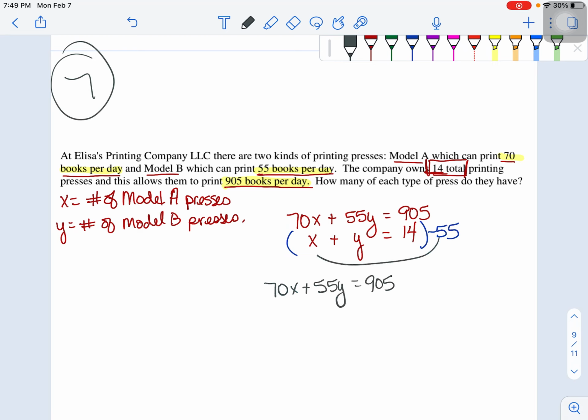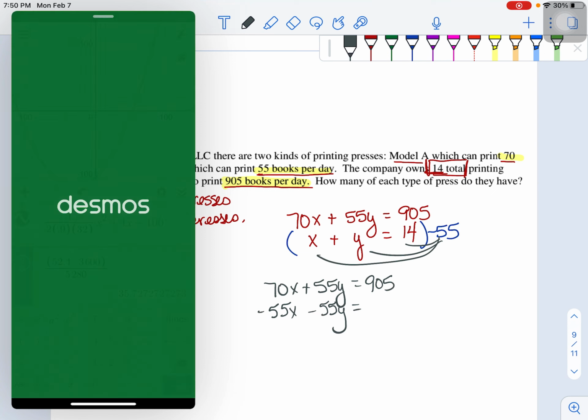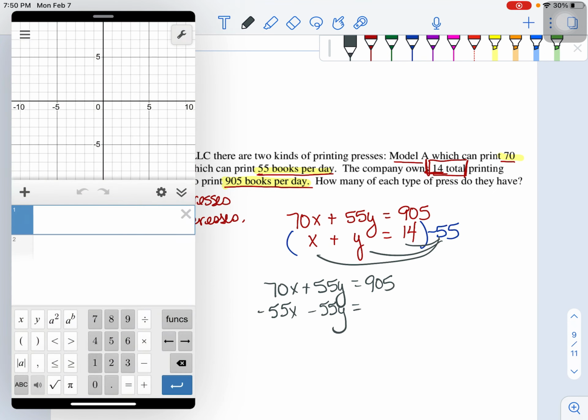And now the bottom line, all of these get the -55. Try to show your work. 14 times -55 is -770.